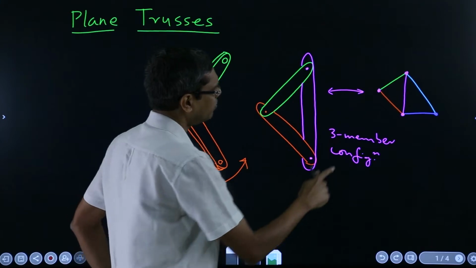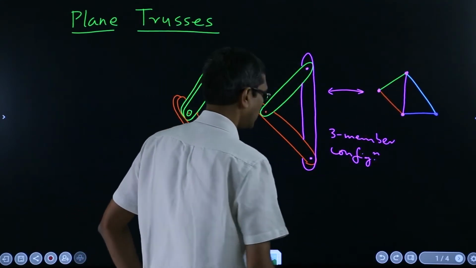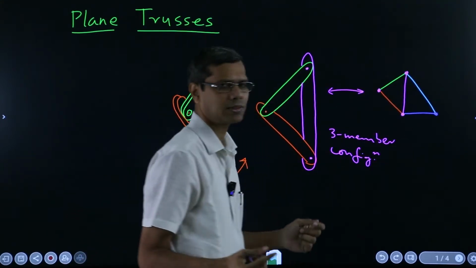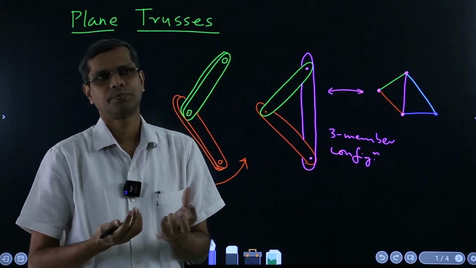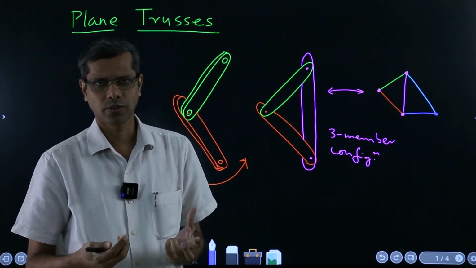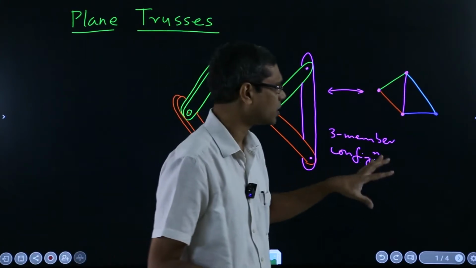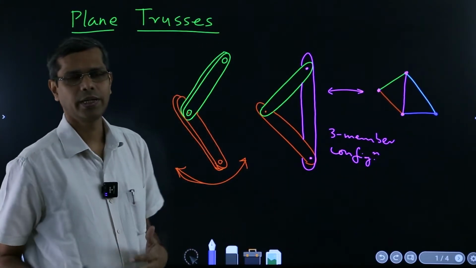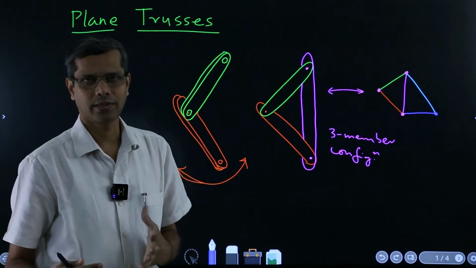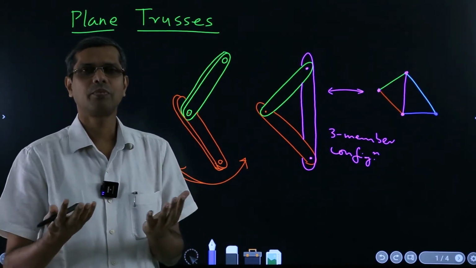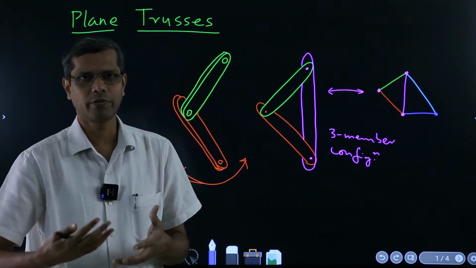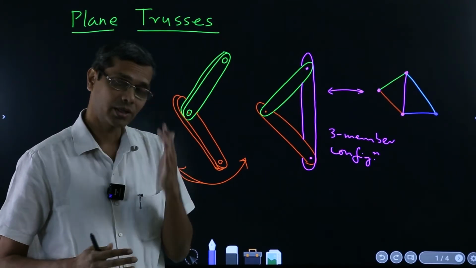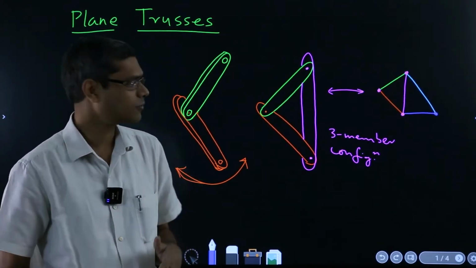But if I remove this bar from the middle, then the whole system becomes flexible and it doesn't remain even like a structure. Such things we are not considering here, because they will be discussed in the subject called mechanism. When you have certain required or unrequired movement between the members, they come under the study of mechanism, not of structures.